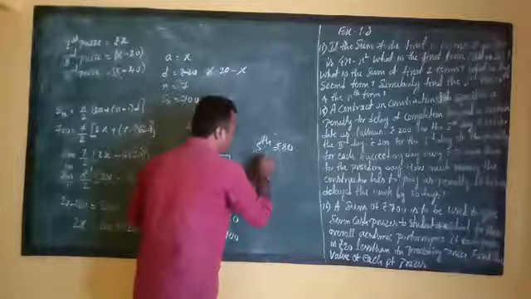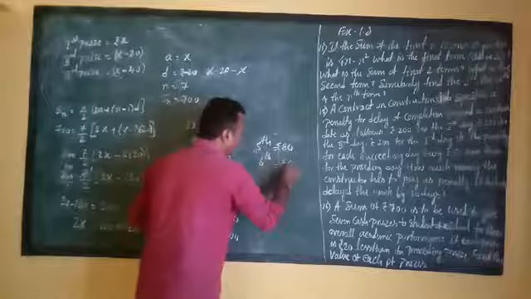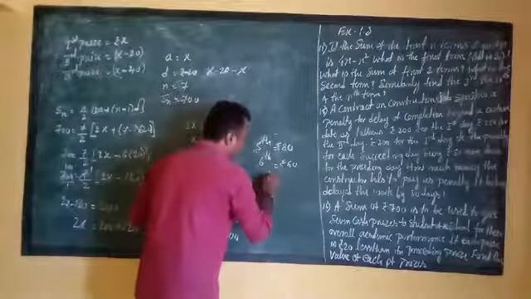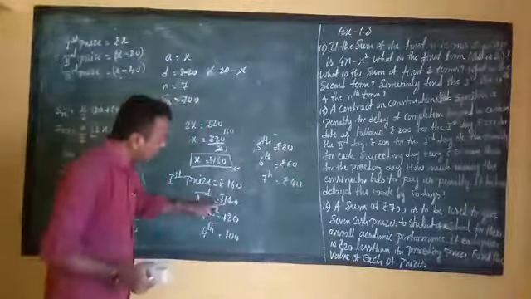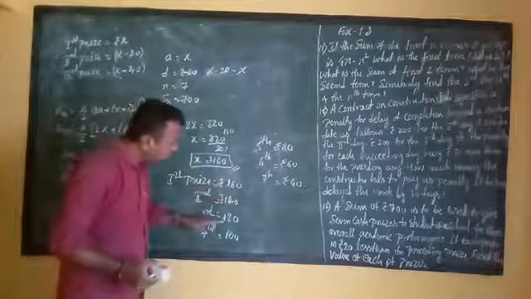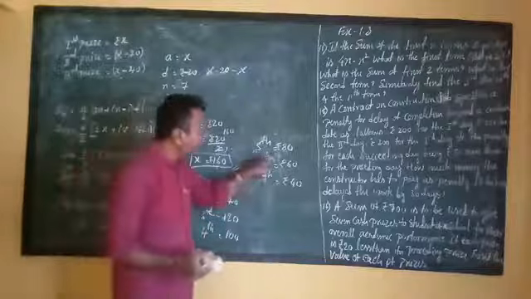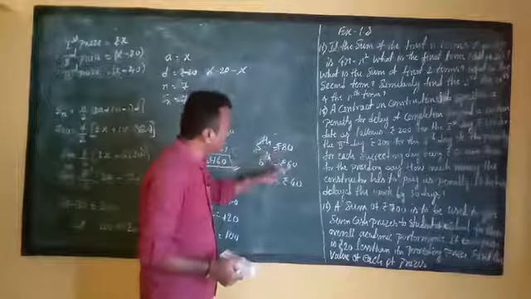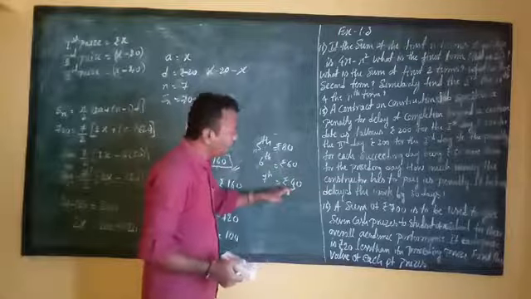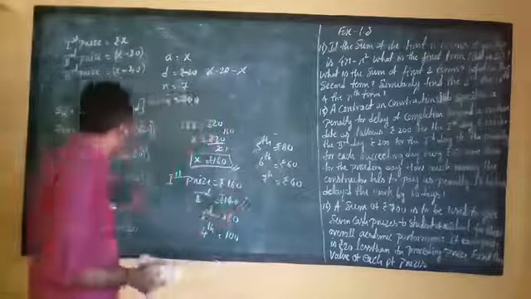Like that. Sixth prize rupees 60. Seventh prize rupees 40. If you add these numbers 160, 140, 300, 420, 520, 600, 660 and 700.